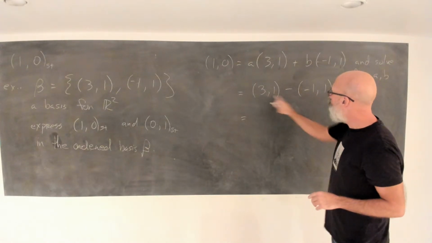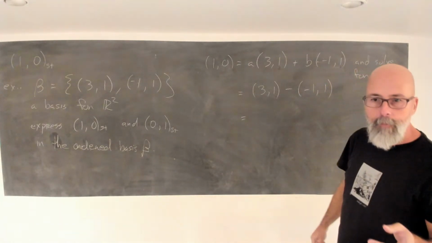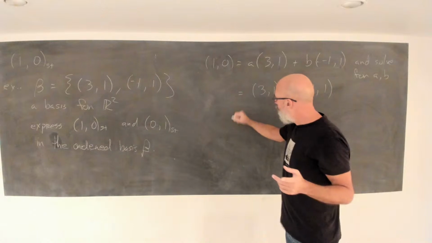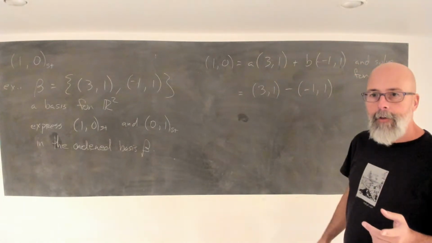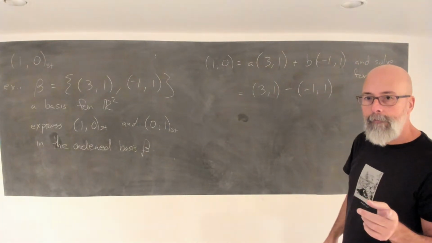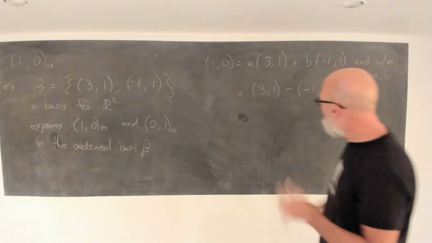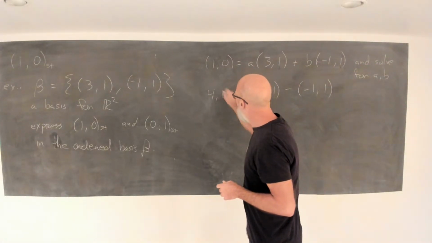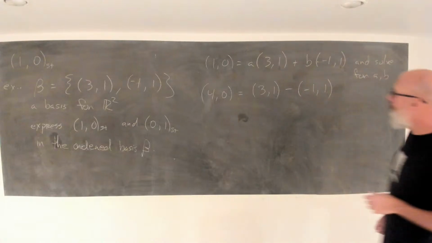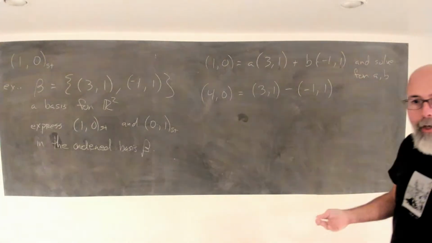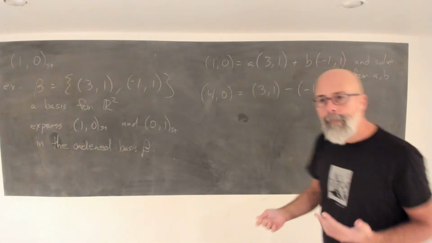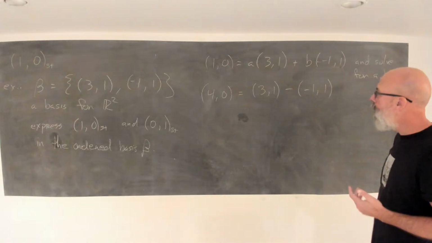What do we get if we do that? We get the vector, does everybody see it? There's a little lag here. (4, 0). Thank you, George. This is the vector (4, 0). You can really read it off. Jonah, thank you.